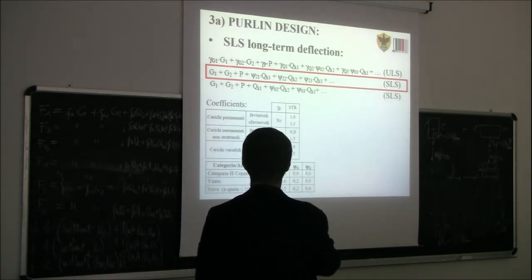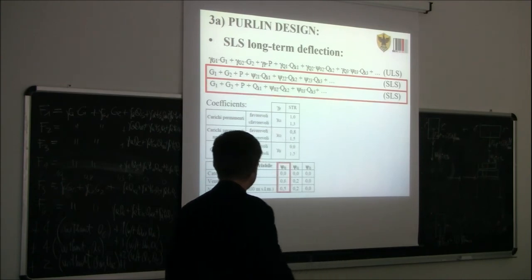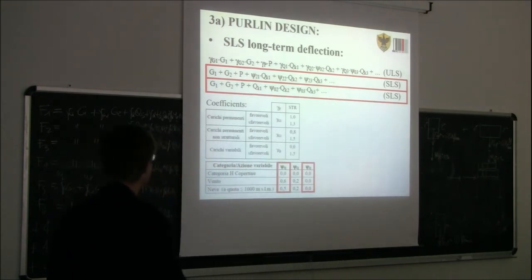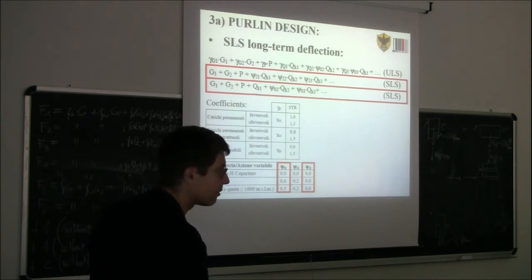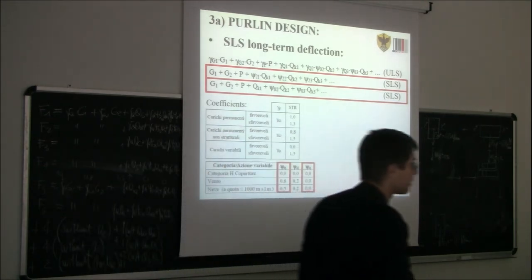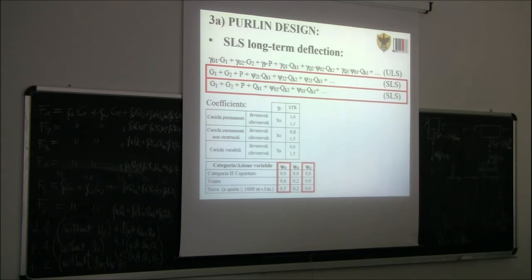So the quasi-permanent load condition is the condition you can see here. The frequent load condition is the last one. Psi 2 you can see for maintenance, wind and snow is 0. So basically this means that when we calculate the creep deflection, we shouldn't consider any variable action. So the creep deflection will only be due to the permanent action. Okay?